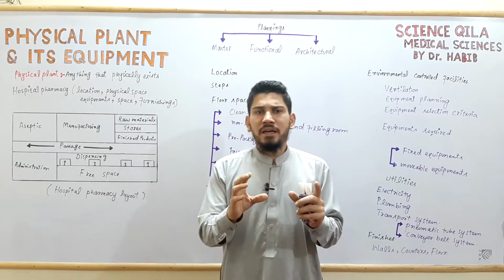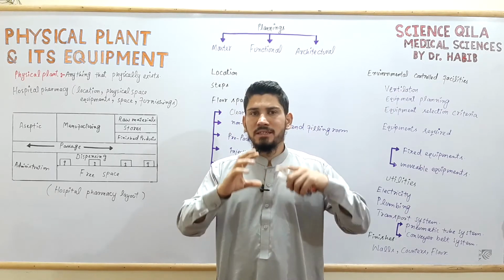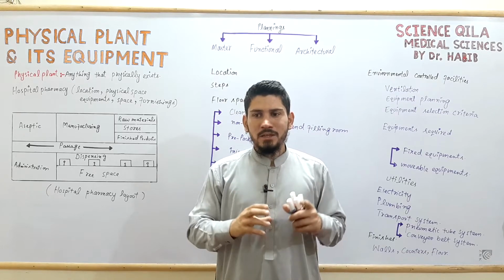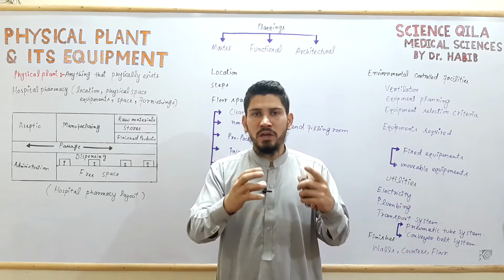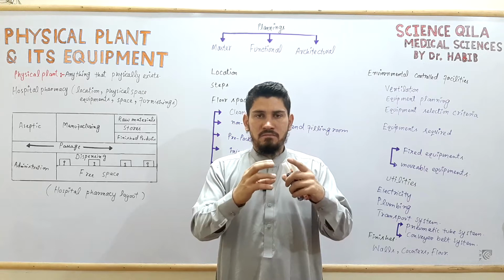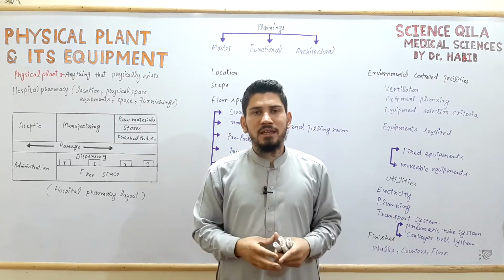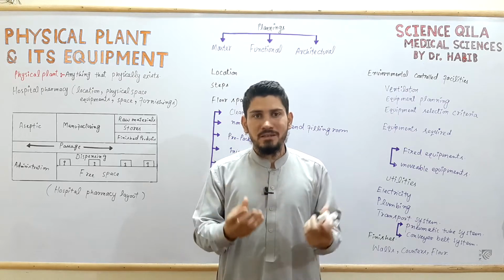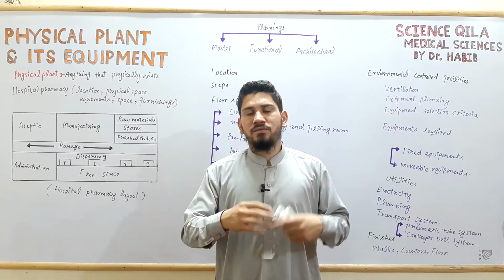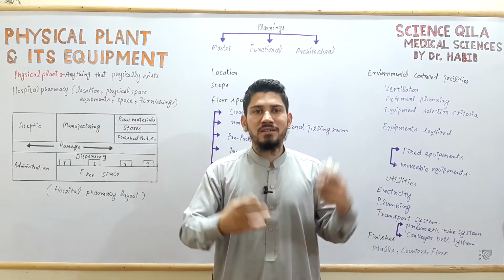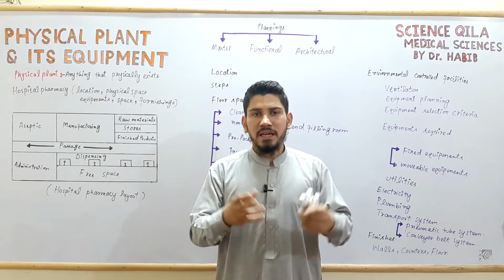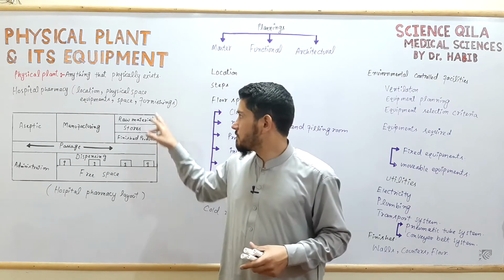So we will try to bring the hospital pharmacy in existence, correct? So for that, we'll have the location, and after location, we'll have the physical space for that, and then we'll install the equipments, and we need the space for the equipments, and furthermore, we need the furniture related work for different kind of activities. We call them as furnishings.